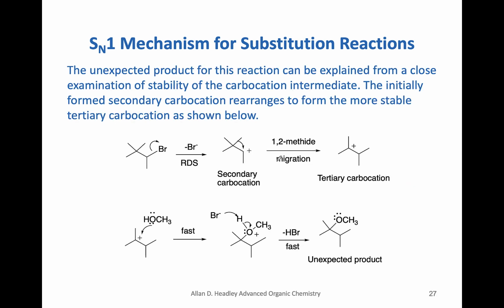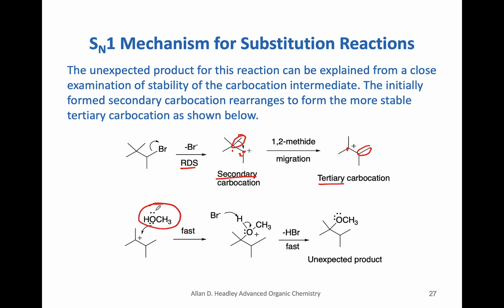The unexpected product is a little more difficult to explain though, because the first step, RDS, gives the same carbocation. But because this is a secondary carbocation, it can rearrange to give a more stable tertiary carbocation by this group migrating over to here in the form of a 1,2 methide shift, a more stable carbocation.